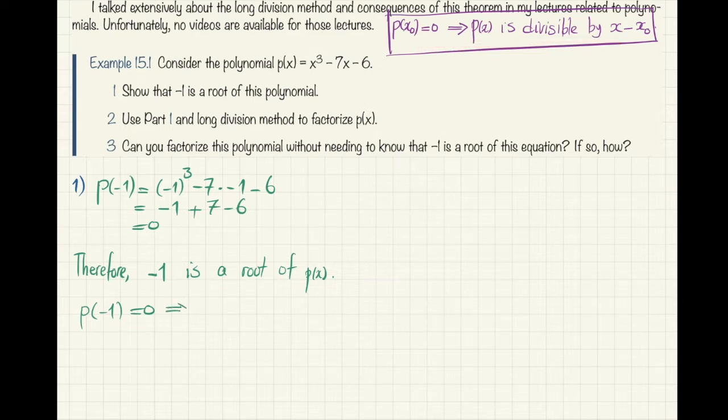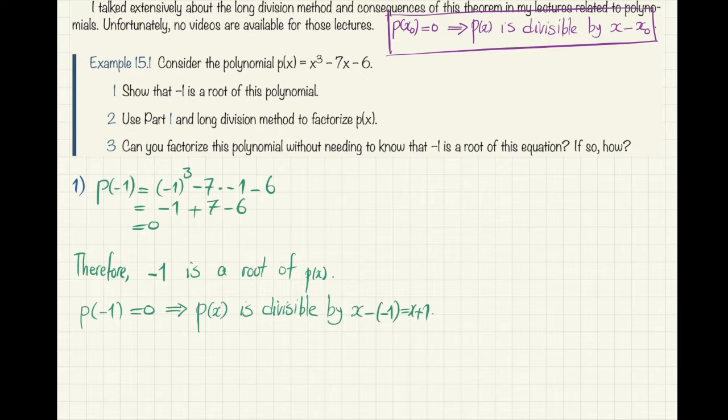I can conclude that p of x is divisible by x minus x0. What is x0 here? This is my x0. So this becomes x minus minus 1, yes? Which is x plus 1. So we realize that p of x is divisible by x plus 1.